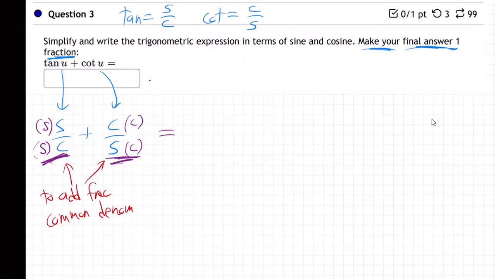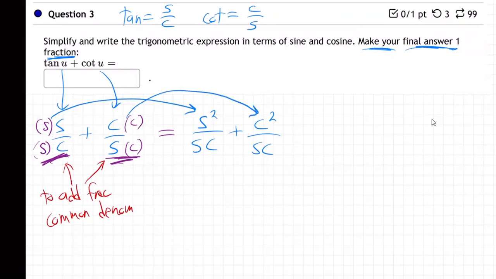Okay. So what does that give me? That gives me sine squared over sine cosine plus cosine squared over sine cosine, right? SS is sine squared and CC is cosine squared. Everybody good with that so far? And now they have the same exact denominator. So I can just make it one big fraction, right?